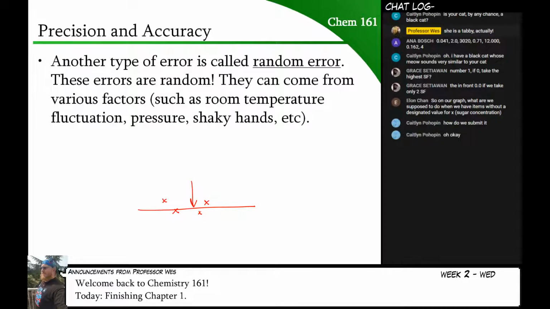Sometimes your number will be slightly higher than the correct answer, and sometimes your answer will be slightly lower. What other things can affect random outcomes of your experiment or your data? Things like temperature. If you're in a room that has a heater that is constantly kicking on and off because it's cold out and it's trying to maintain the temperature of the building at 70 or whatever, or maybe you're in a laboratory where there's high ventilation, and so it's changing the pressure of the air around you.